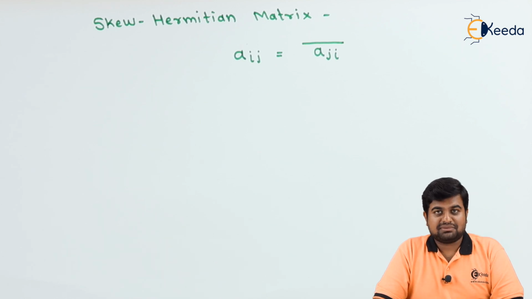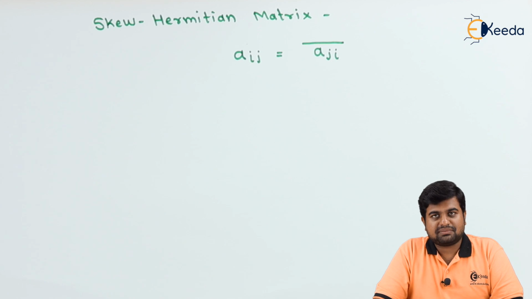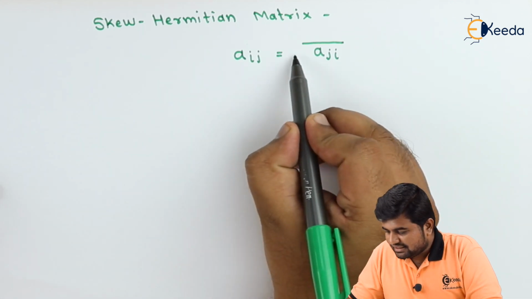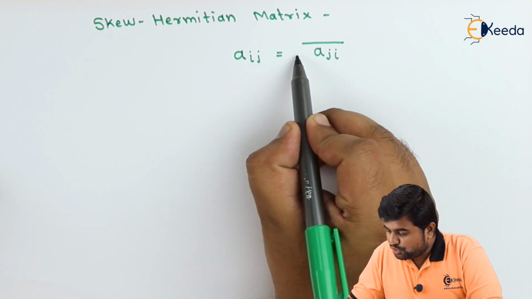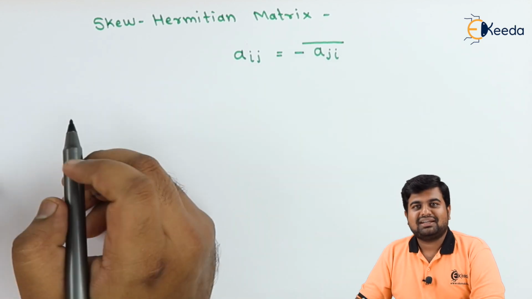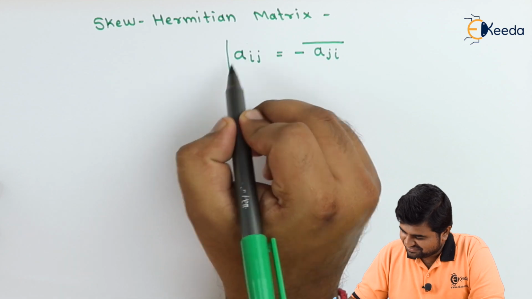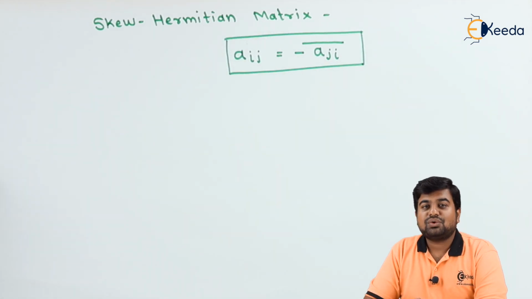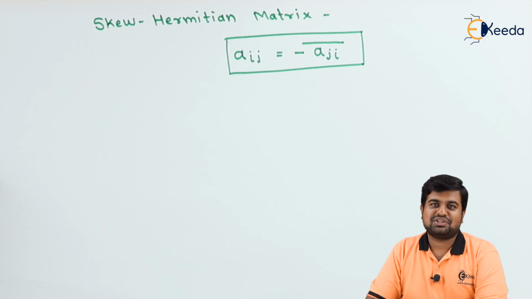So that was the Hermitian matrix. But in case of a skew Hermitian matrix, we put the minus sign. That is, element aij is equal to minus of the conjugate of element aji. So let us now focus on how to construct a skew Hermitian matrix.